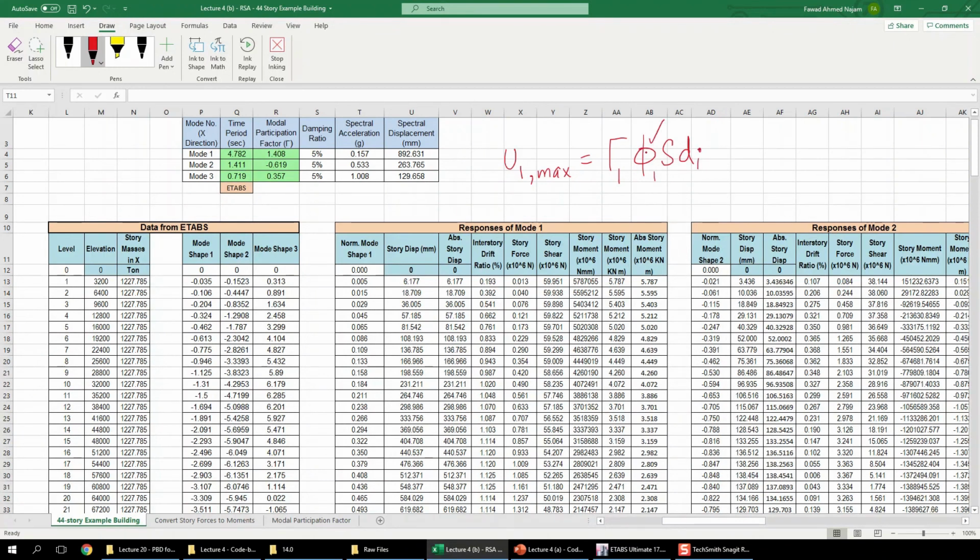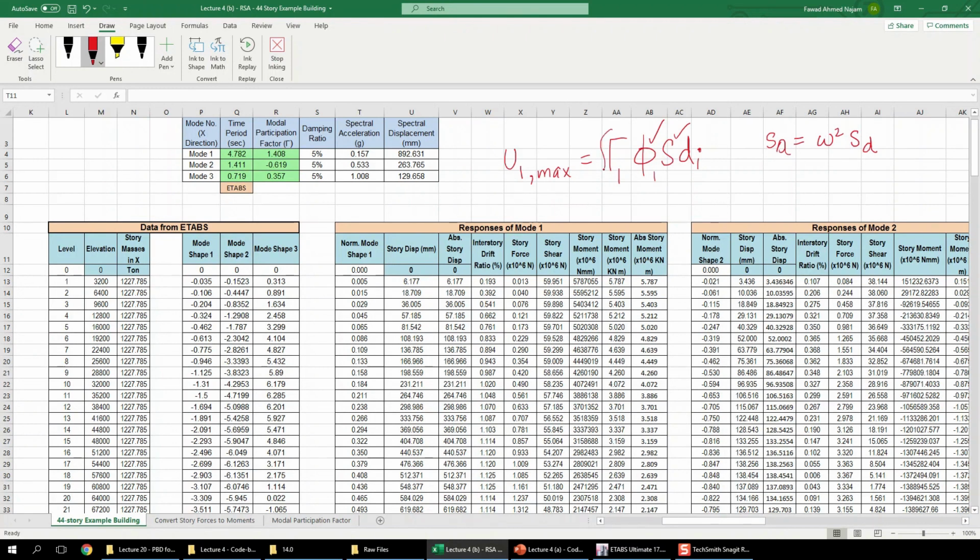We already have this vector from ETABS. We have already picked the spectral displacement from the response spectrum. Basically we picked the spectral acceleration and converted it to spectral displacement using this expression, that spectral acceleration is equal to omega square into spectral displacement.